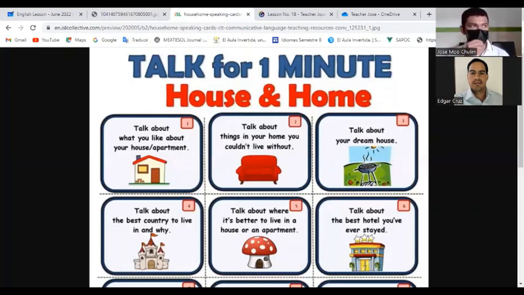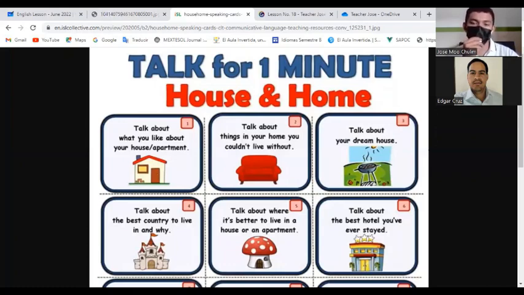Okay. Can you notice the difference? Yeah. So when you use the word home, it's only used for the people, the members, or you can use it for things? Well, in general, you can use it to talk about the people that live inside the house. And when we are talking about the things that we have in the house, we use the word house. For example, as I mentioned, the living room, bedrooms, bathrooms, the kitchen, that's the house.